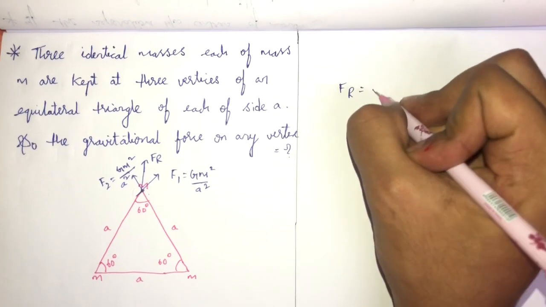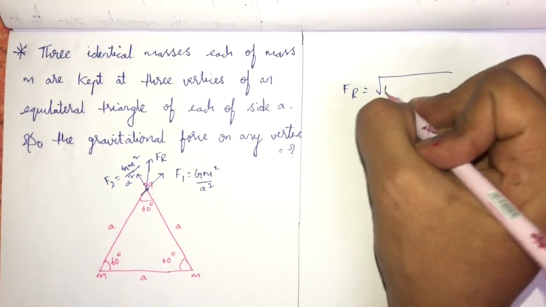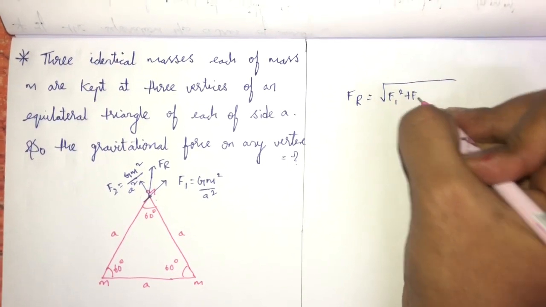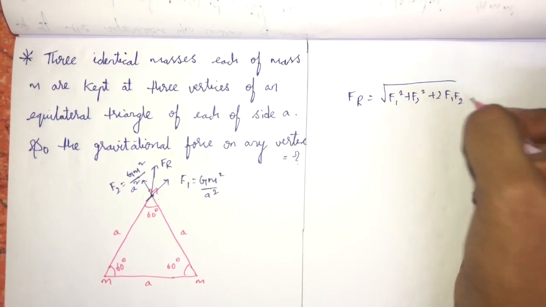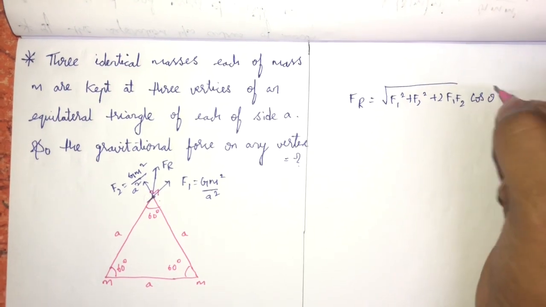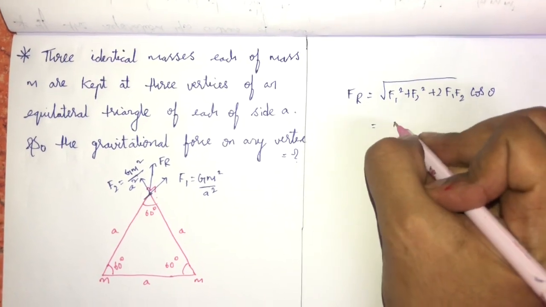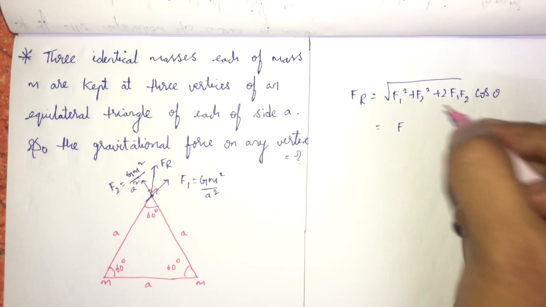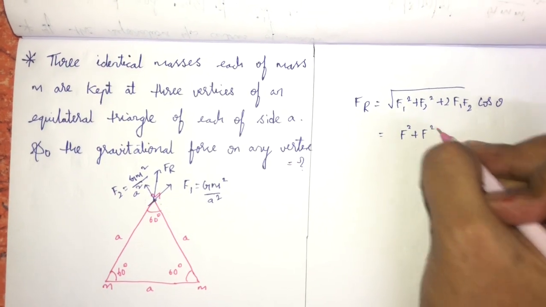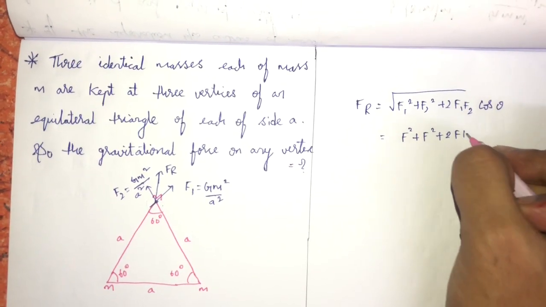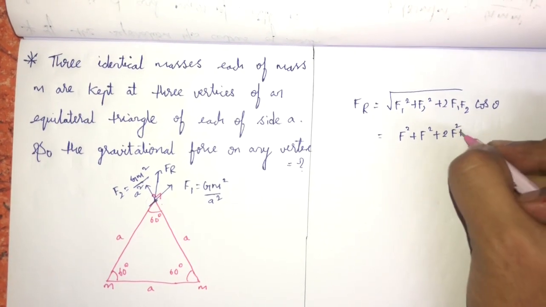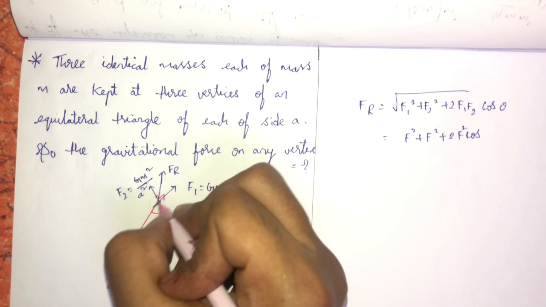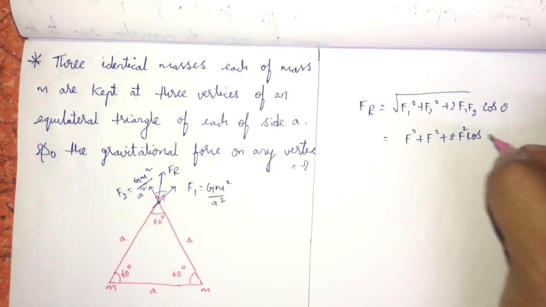F resultant is equal to under root of F1 square plus F2 square plus 2F1 F2 cos theta. Both the magnitudes are equal, so F square plus F square plus 2F1 into F2, that is F square, cos theta, where theta is 60 degrees.